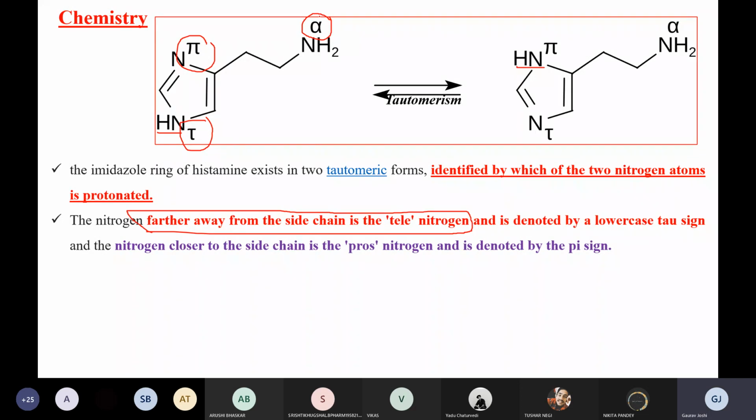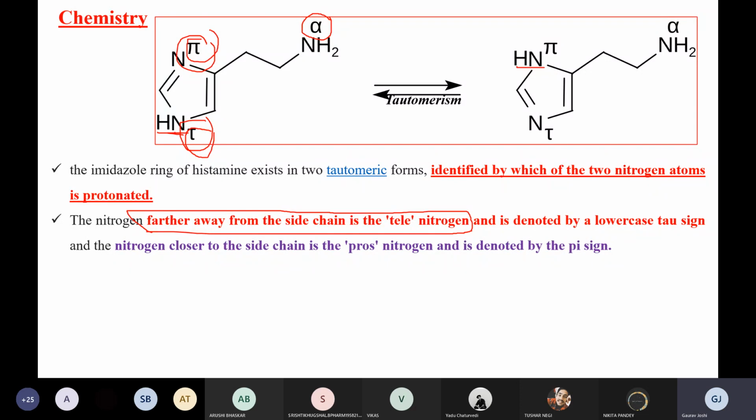If the proton is at some distance, away from this alpha amine, it is called the tele nitrogen. And the nitrogen which is close to this alpha is called the pi nitrogen.